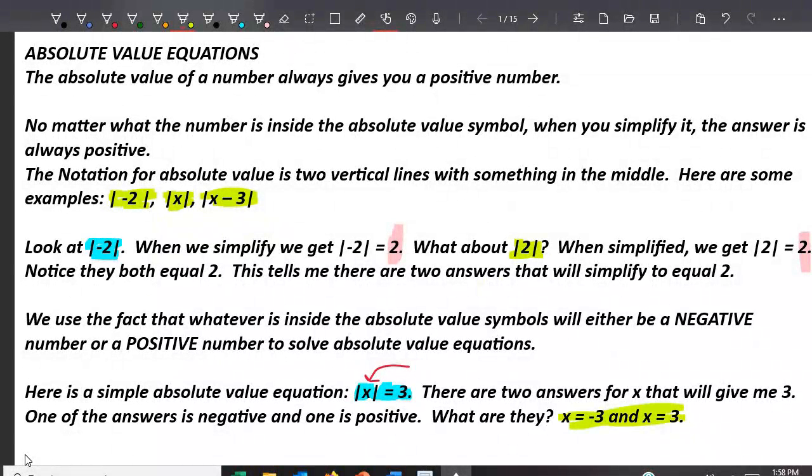The absolute value of -3 is +3. The absolute value of +3 is +3. So this is how we're going to set these up. Notice I took the x inside, set it equal to -3, took the x inside, set it equal to +3. That's how we're going to work these.